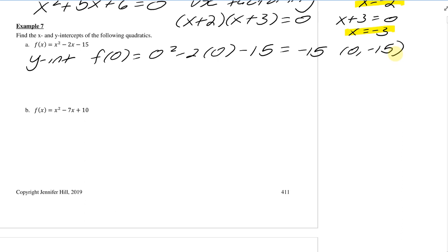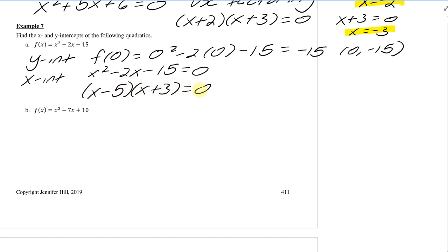Now to find my x-intercept, this takes a little bit more work. You're going to set that quadratic equal to 0. Maybe you want to pause here and take a second to think about how this factors. This factors as x minus 5 times x plus 3 equals 0.